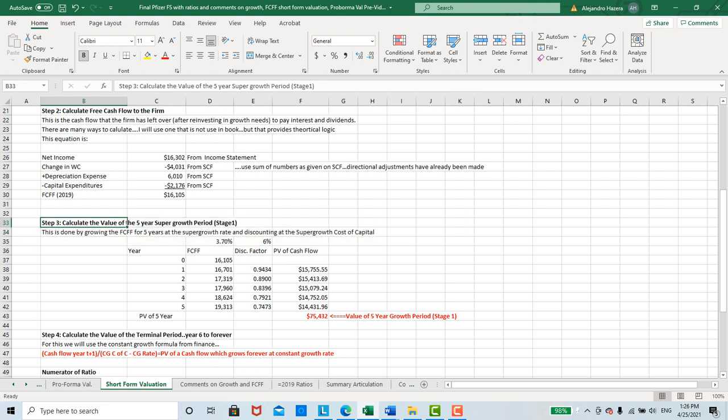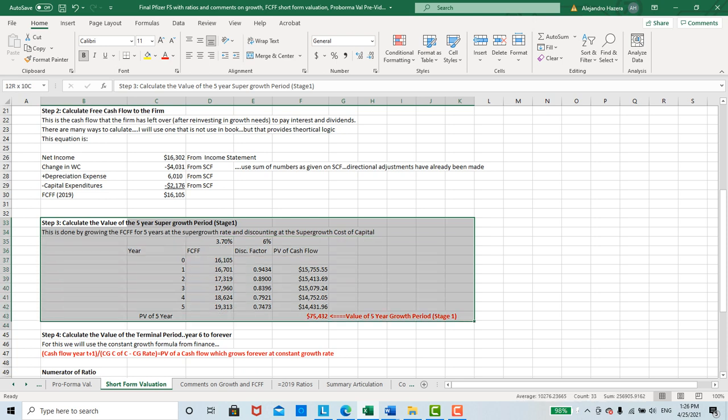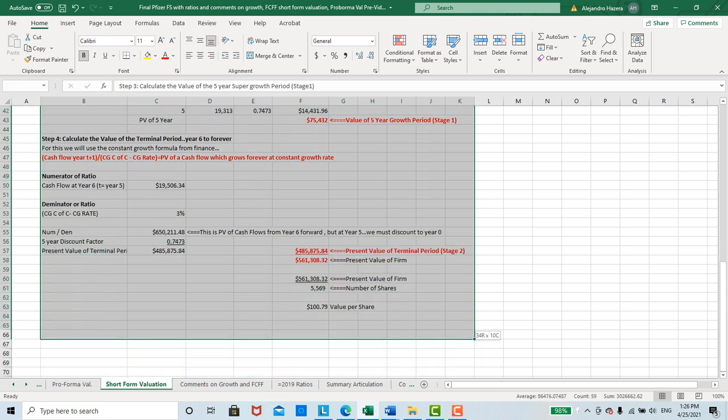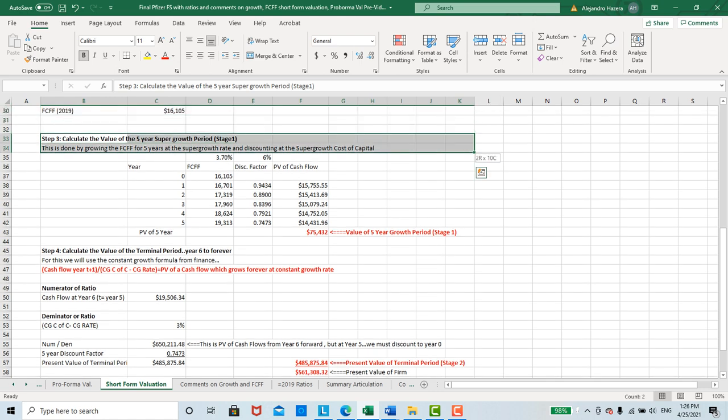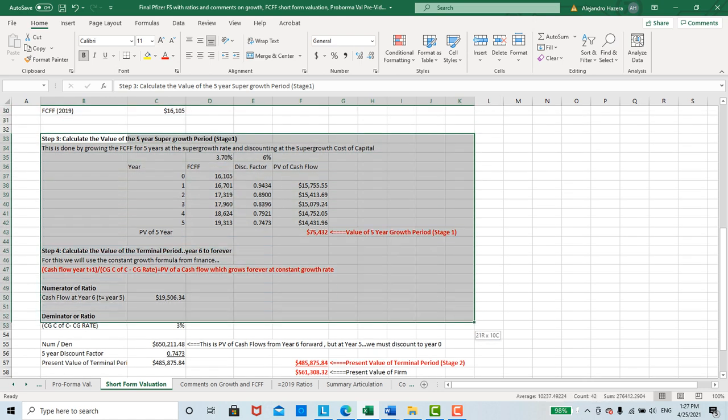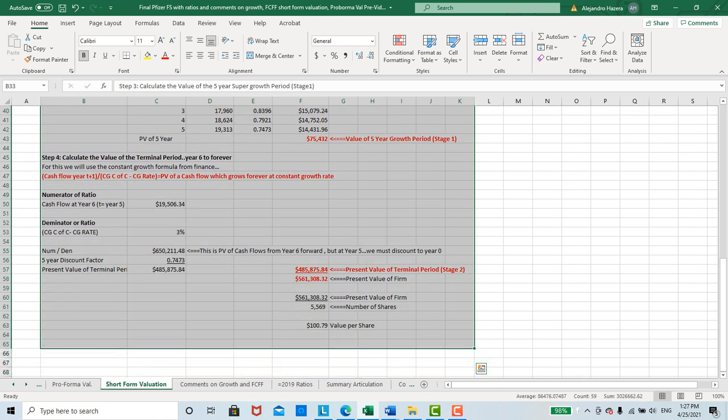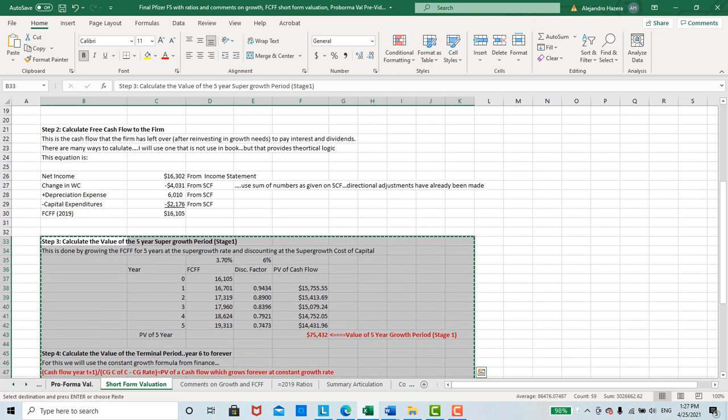We're using the same two-stage model basically, but we've got more detail in it with pro forma. I'm starting here with step 3 of the short form, and we use this as a template to finish our long form valuation.